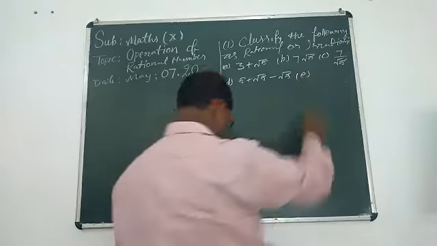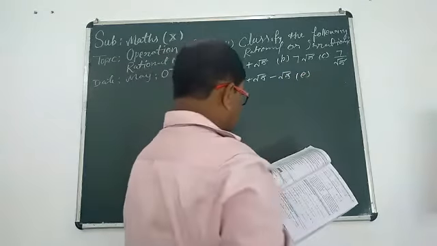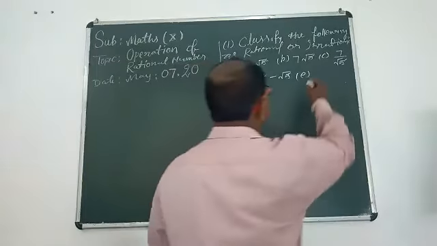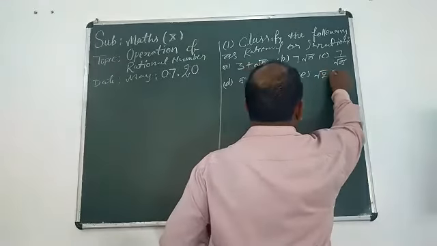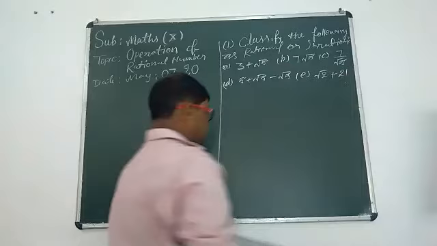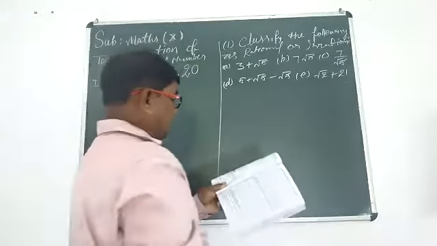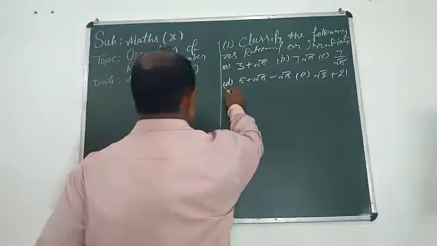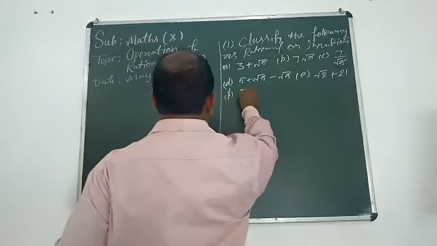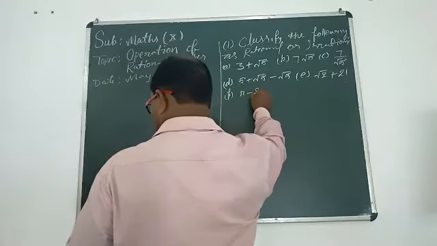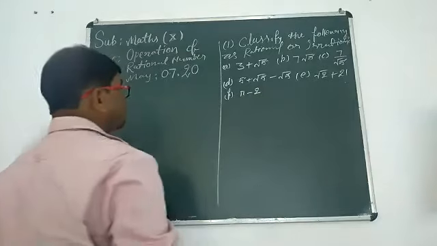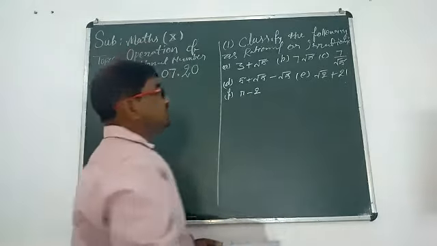E: under root 2 plus 21. F: 5 minus 2, etcetera.